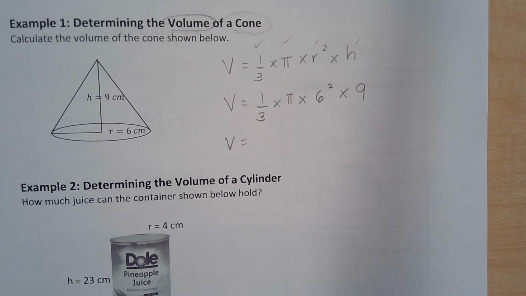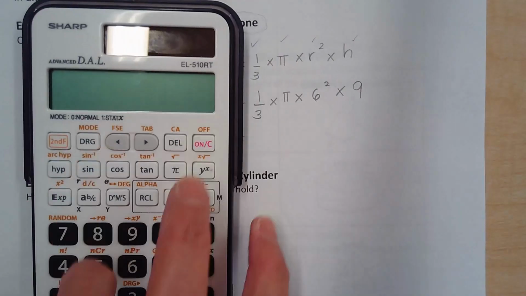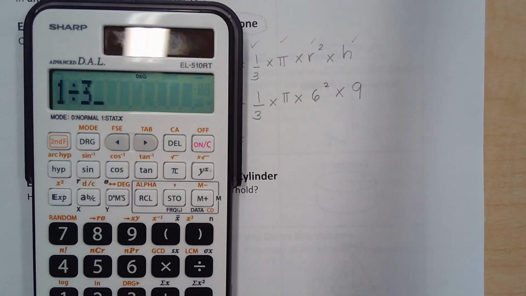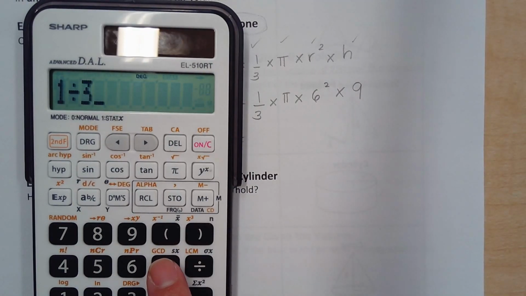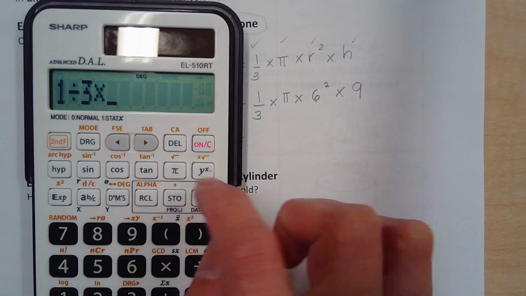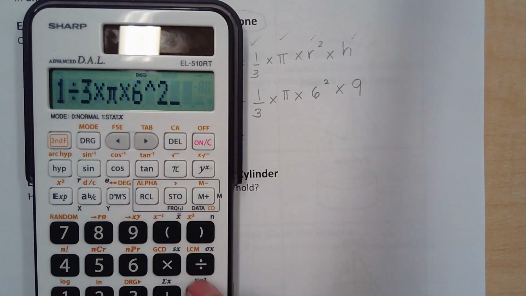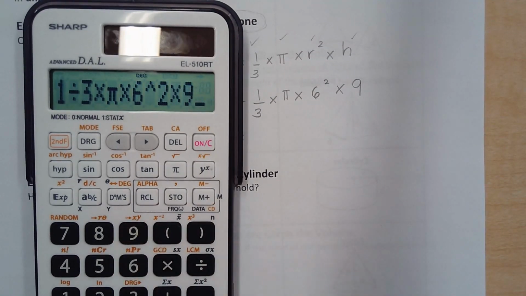Okay, so what did you get? 339.29. What did you get? 339.29? Okay. So 1 divided by 3 times pi times 6 squared times 9.